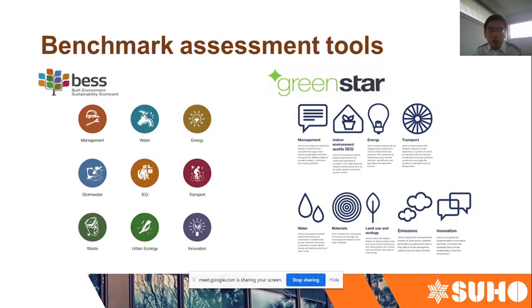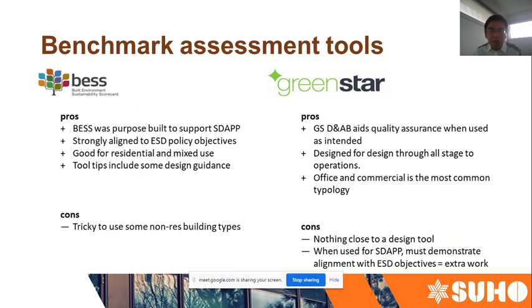So in terms of sustainable design, there are 2 benchmark assessment tools. One is BESS, another one is Green Star. They have very similar categories, and the way they're assessing is also similar, but they also have some differences. The advantage of BESS is that BESS was built to support SDAPP.